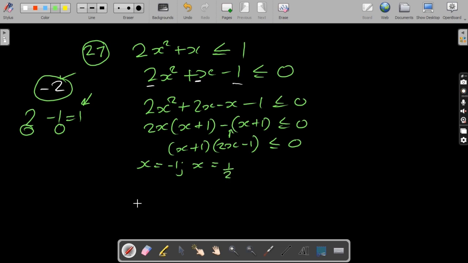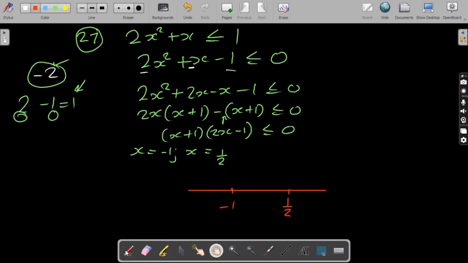Now that we have these critical values, we're going to start drawing a number line which you're going to use to answer the question. Remember, we're looking for places where this expression is less than or equal to 0. In other words, where it's equal to 0 or where it has a negative evaluation, which is a negative answer. So now we're going to put our critical values down, minus 1 and a half.